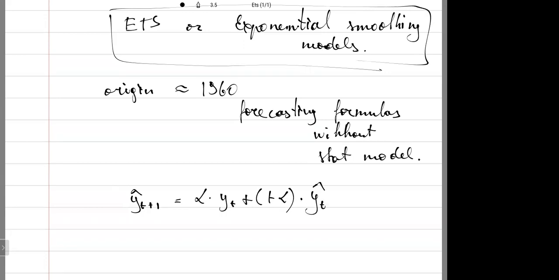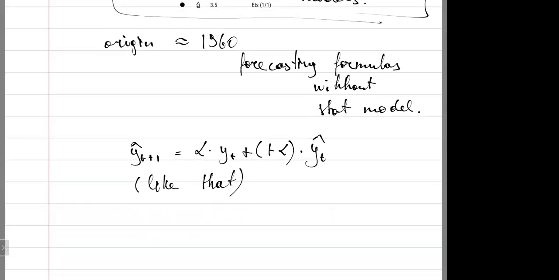So the next forecast is some weighted mean like that. There are many other exponential smoothing models, but this is the most primitive one. So the future forecast is a weighted average of past value and past forecast.